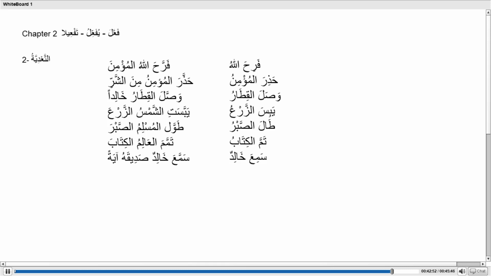You fashion the verb according to the meanings you want. But if someone else has fashioned a verb, how can he know what he has intended? From the context.